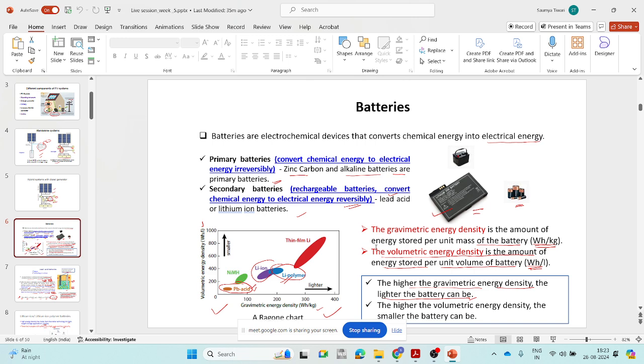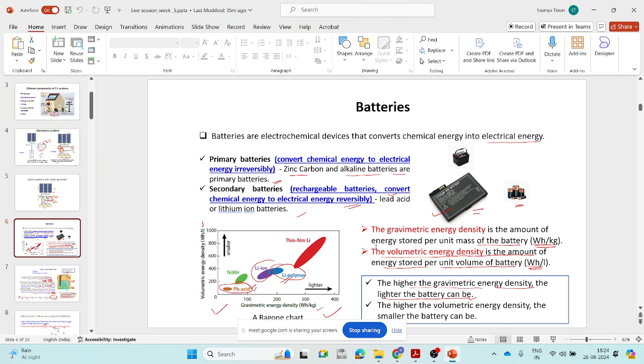So gravimetric energy density tells about how much energy is stored per unit mass of the battery. So the higher this value, in a smaller mass you can get a large amount of energy, so it will be lighter batteries. And volumetric energy density tells about the amount of energy stored per unit volume of the battery.